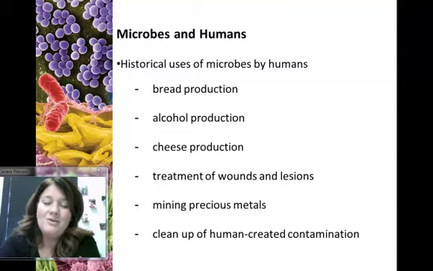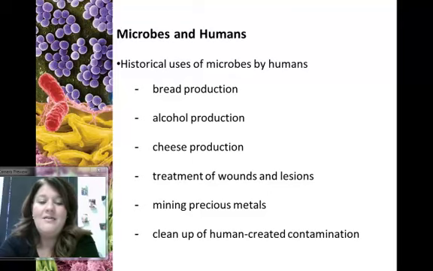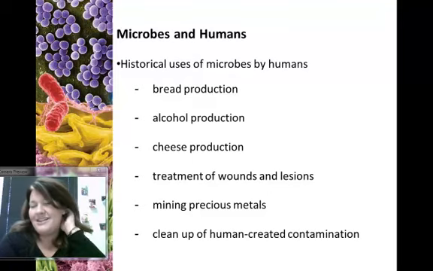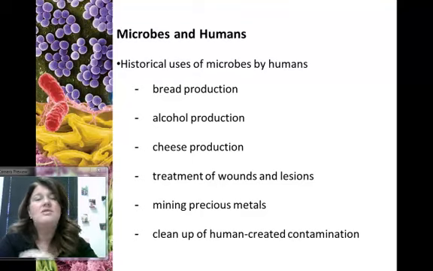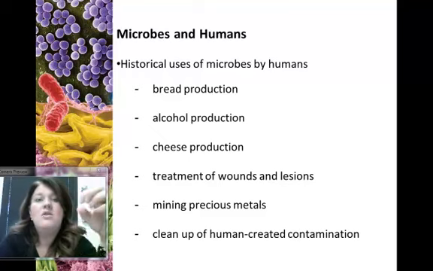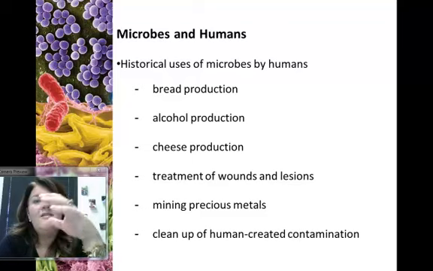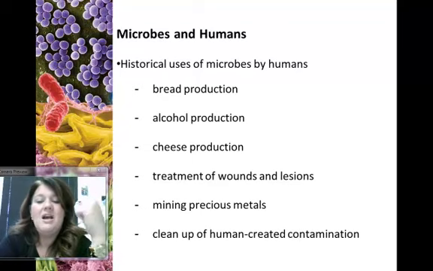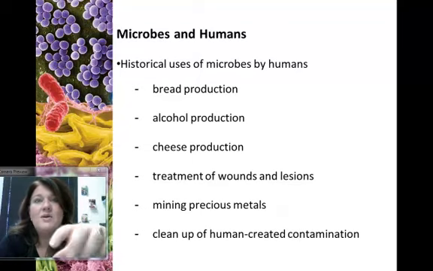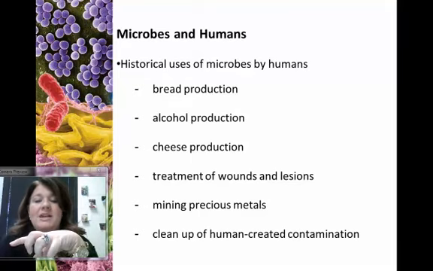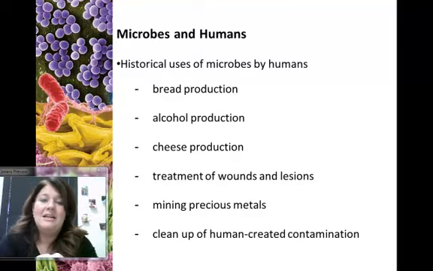Mining precious metals: gold is actually mined with the help of cyanide, I believe it is, and the toxins that are used to displace the gold from the ore have to be gotten rid of. They use microorganisms to do that. This is a process known as bioremediation. It actually shows up on the next slide. And this includes the cleaning of human-created contaminants, things like oil spills or wastewater.